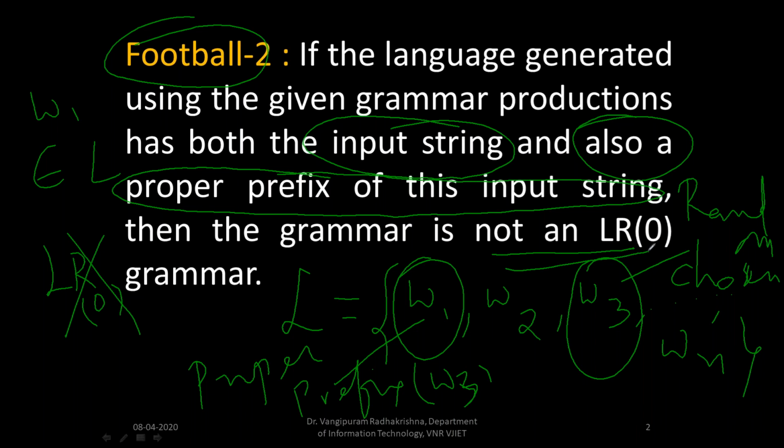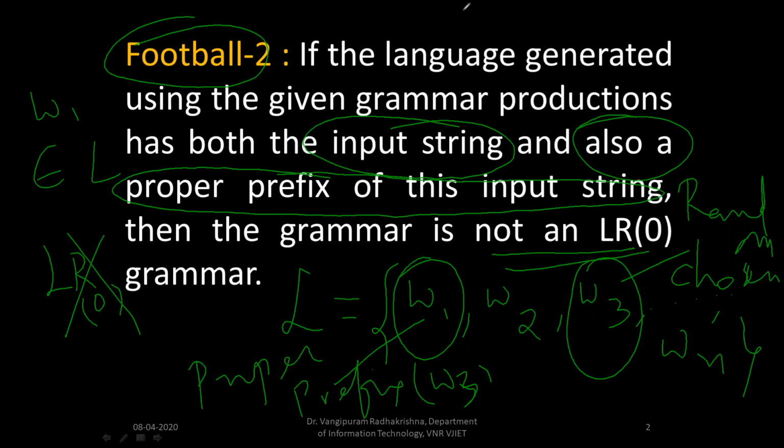I once again repeat, if you have a language wherein the given language has some set of finite strings, and if you randomly pick out some string belonging to the given language, and this randomly chosen string has one or more proper prefixes, then you can directly conclude that the given grammar is not an LR0 grammar.